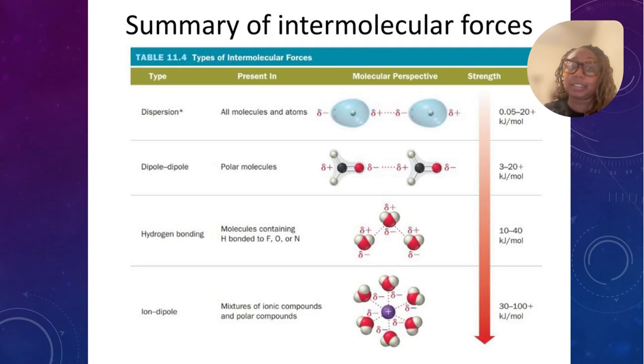Hydrogen bonding, technically still a type of dipole-dipole interaction, but it's specifically hydrogen bonded with fluorine, oxygen, or nitrogen, and then an ion-dipole, which is a little different than what we're overall used to, but very much still possible. And those are mixtures of ionic compounds and polar compounds. And of course, those are super duper strong, but that's because they involve ions. So they're not a dipole-dipole interaction. So make sure you keep that in mind.